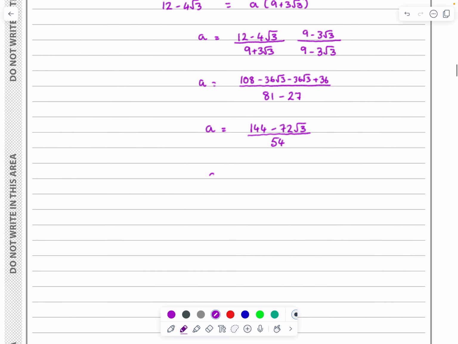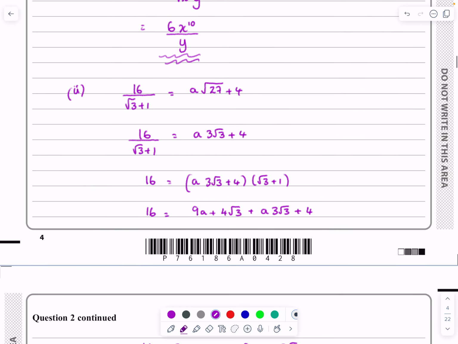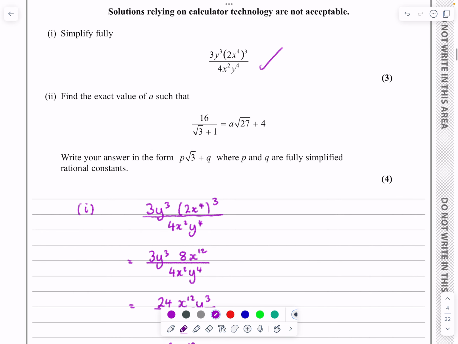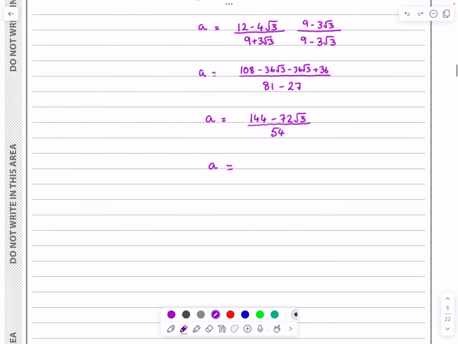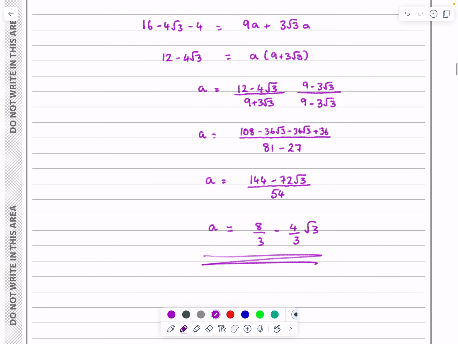So if we tidy that up to make it, what did we want it to look like? They asked us to have it looking like a multiple of root 3 and then q, and it says p and q are going to be fully simplified rational constants, so in other words simplified fractions. So here I'm going to get 8 over 3 for 144 over 54, and then 72 over 54 is 4 over 3 root 3. So I've now got that in the format I wanted.